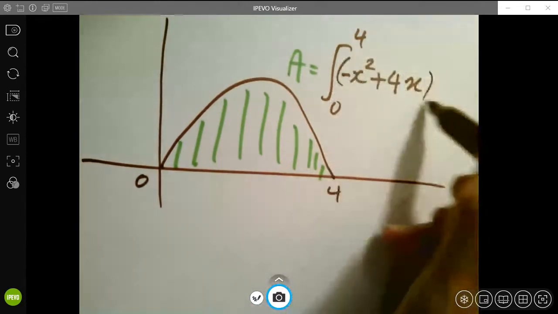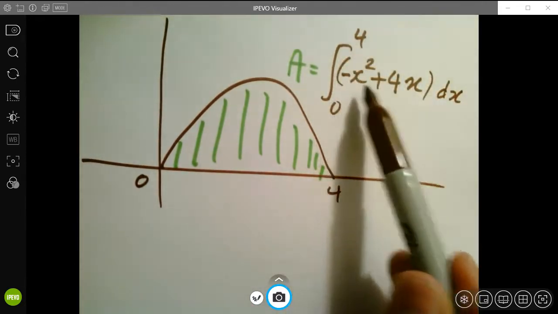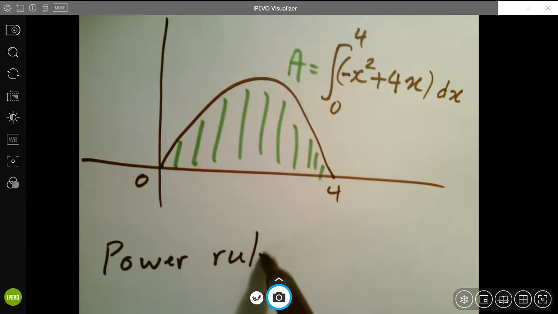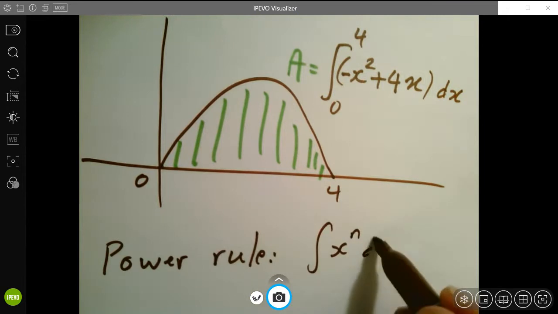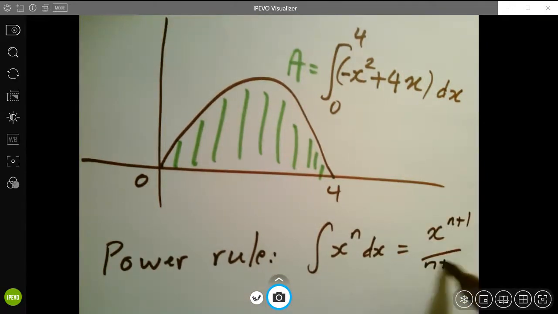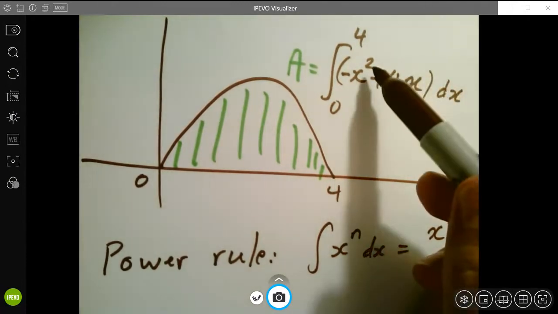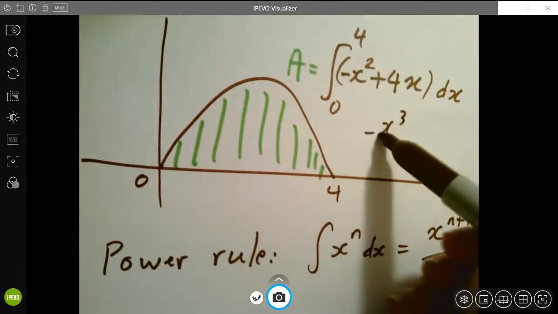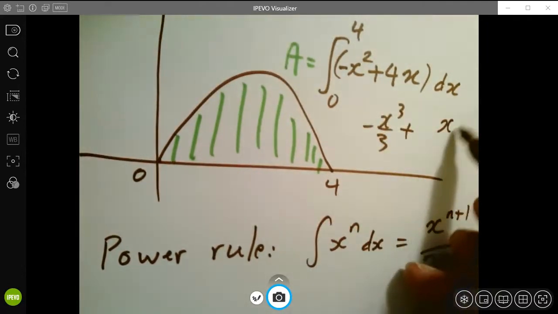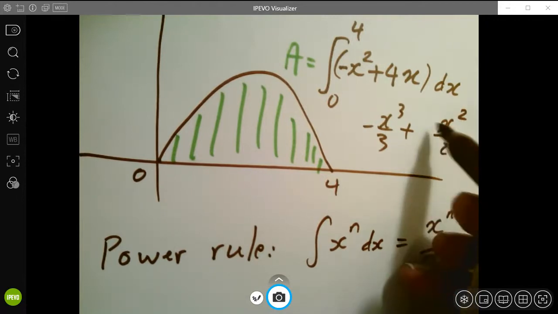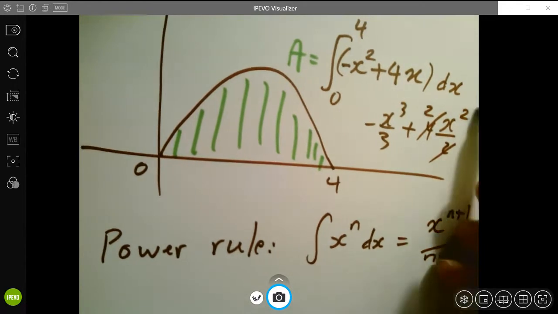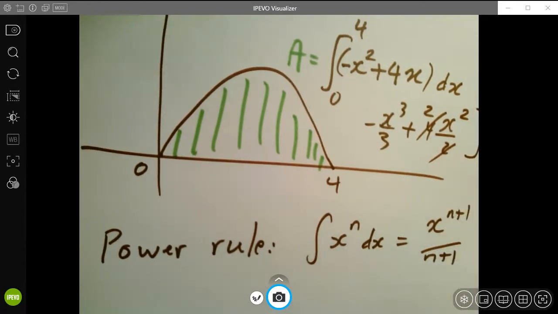Now you have to know how to compute a definite integral. This has to do with the power rule. You just add 1, like here it will be negative x cubed over 3, okay, plus this one is x squared over 2 times 4, and this one becomes just 2, from 0 to 4.